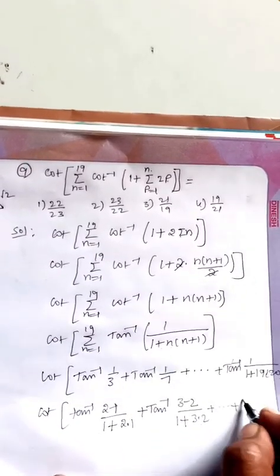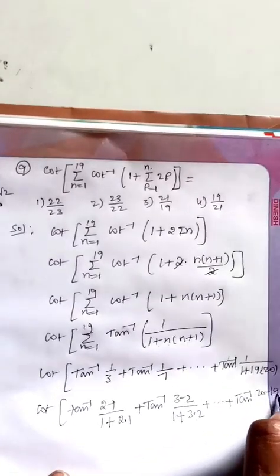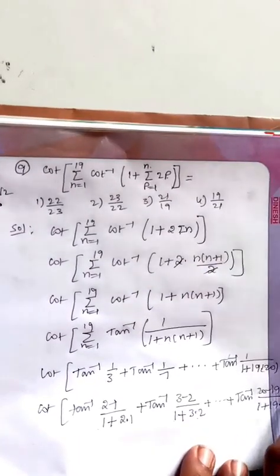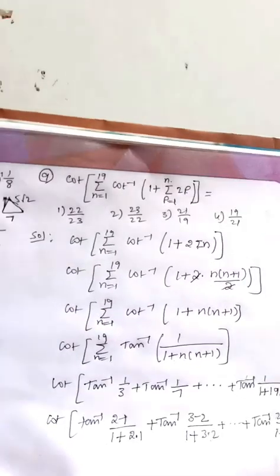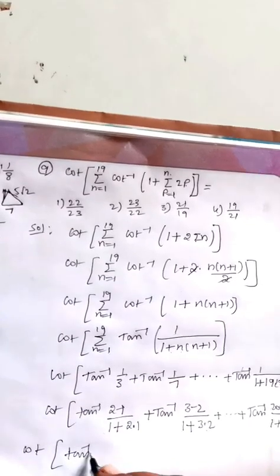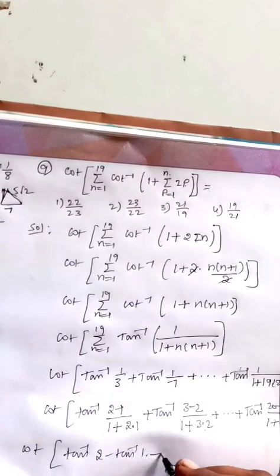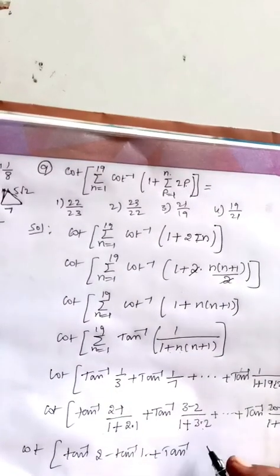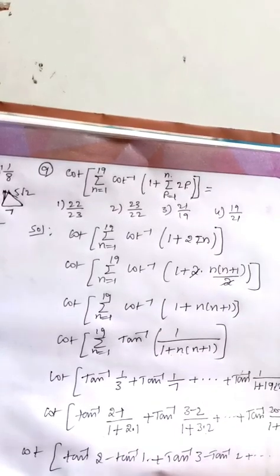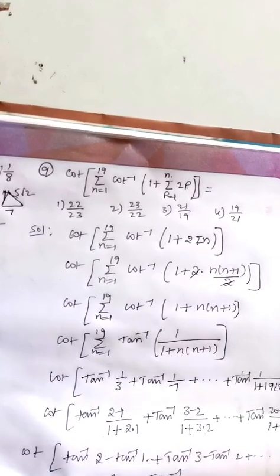In the same way, tan inverse 20 minus 19, and the denominator is the same, 1 plus 19 into 20. So cot of tan inverse 2 minus tan inverse 1, plus tan inverse 3 minus tan inverse 2, plus so on, tan inverse 20 minus tan inverse 19.